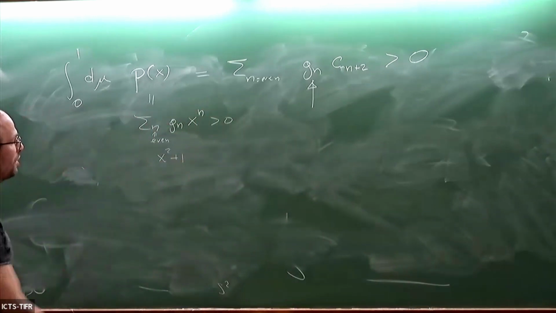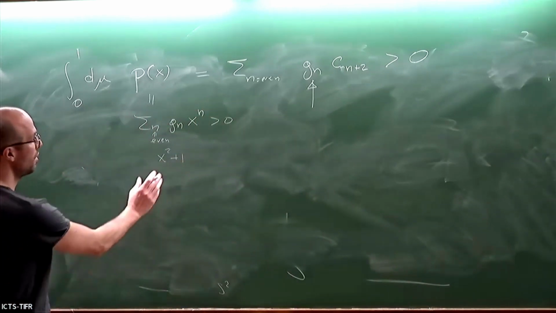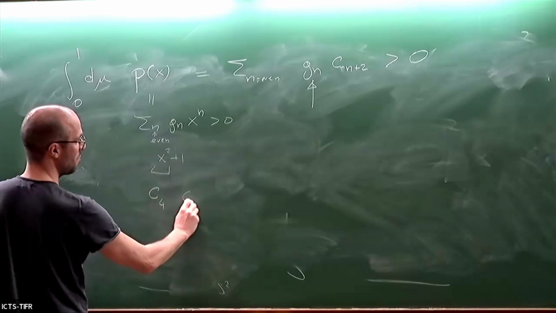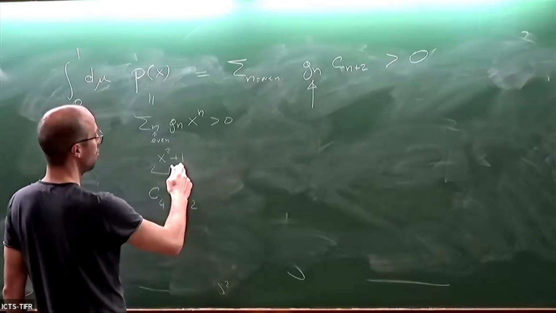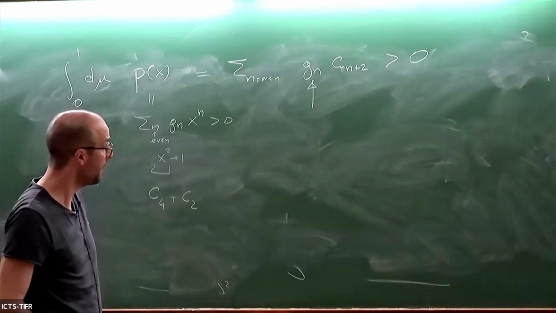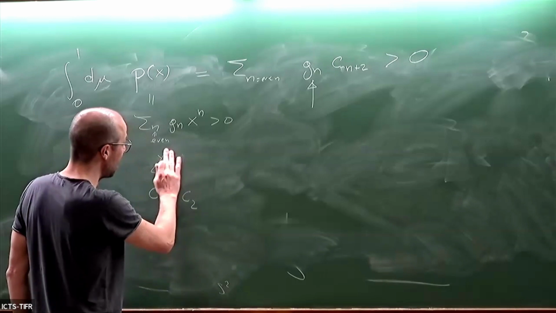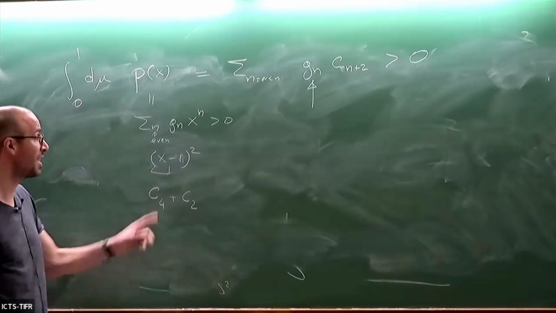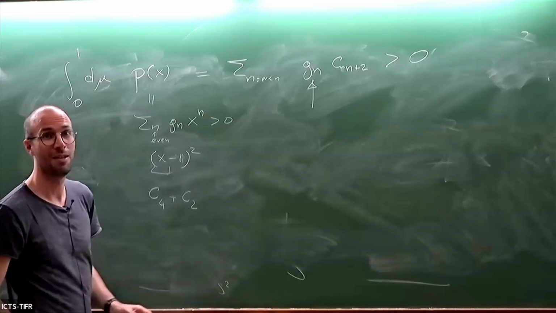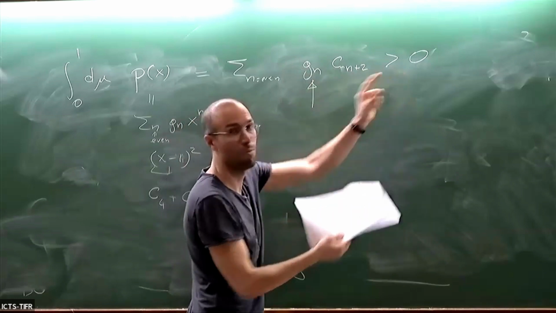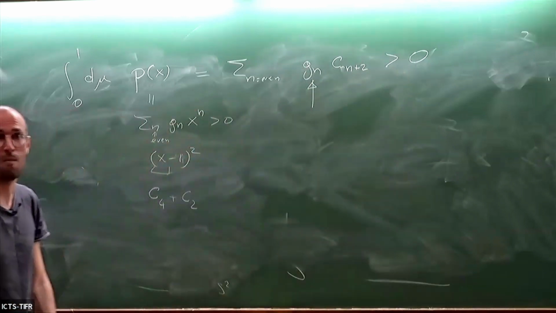This example is not very informative because this one was already giving me C4 positive, this one was giving me C2 positive. So sure, a linear combination with a plus is going to be positive. What's the big deal? Let's take a better example, this one. This is also positive, but there is a relative minus sign when you expand it. So you get linear combinations with negative sign that have to be positive. So you can extract more.